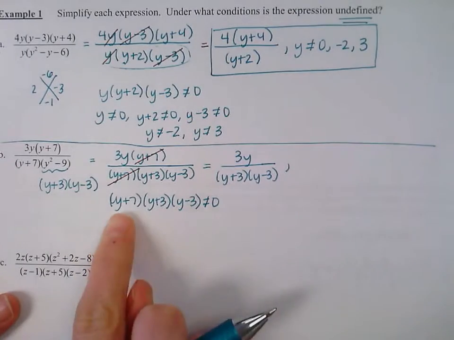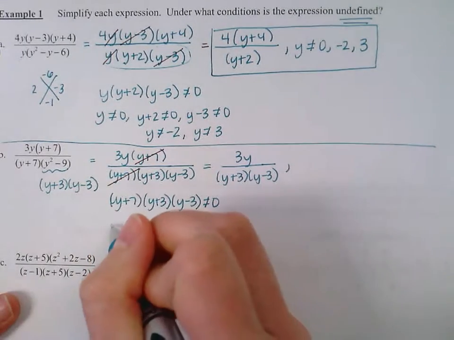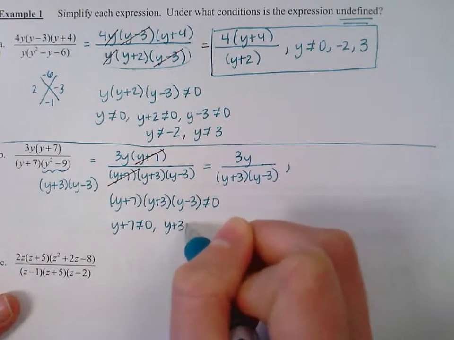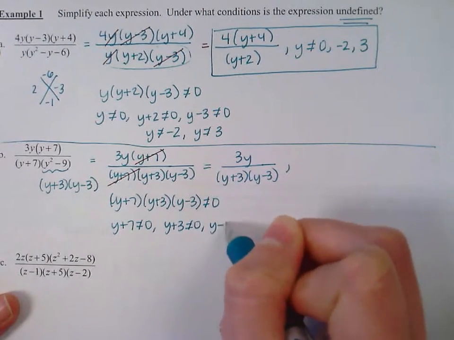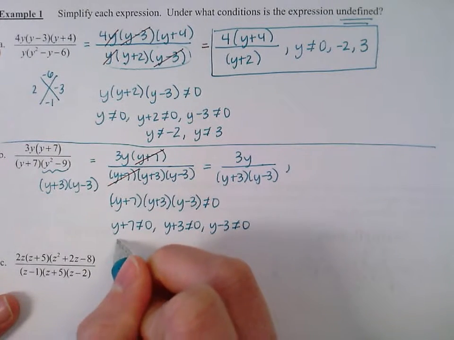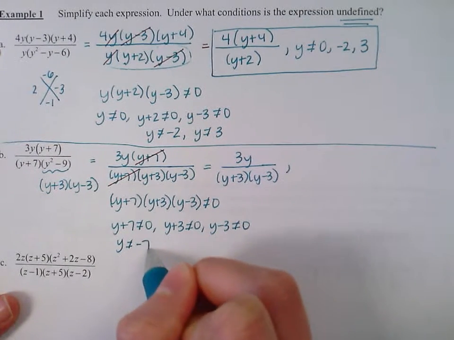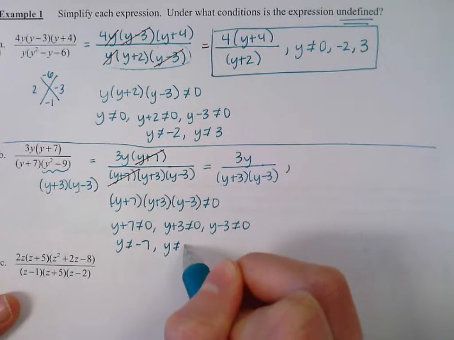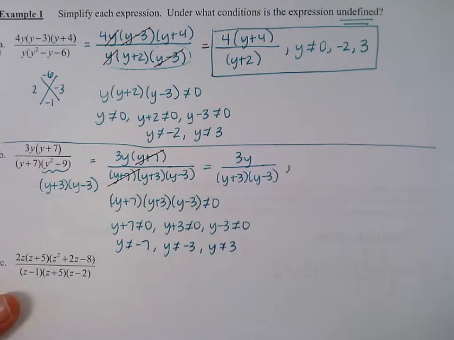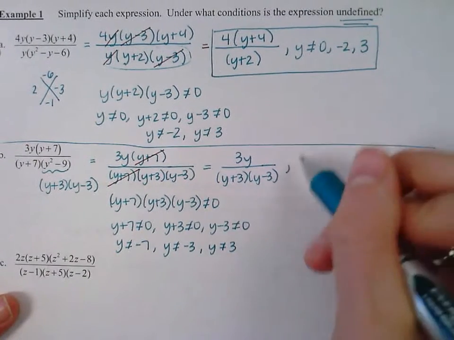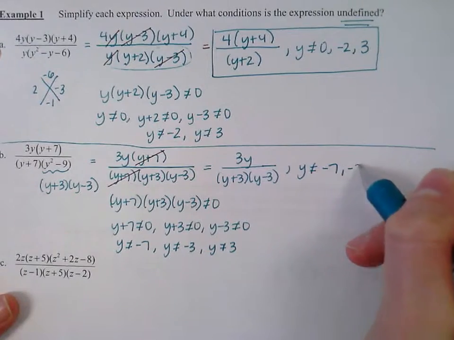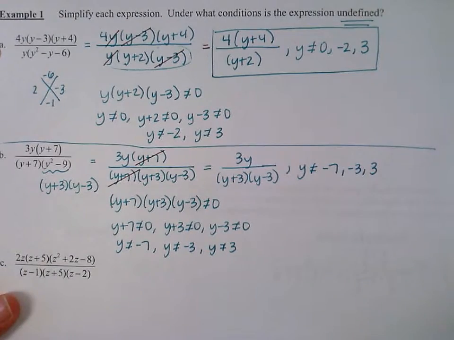That means if I set each of these not equal to 0, y plus 7 can't be 0, y plus 3 can't be 0, y minus 3 can't be 0, which means y cannot be negative 7, y cannot be negative 3, and y cannot be positive 3. So my simplified expression holds such that y cannot equal negative 7, negative 3, or positive 3.